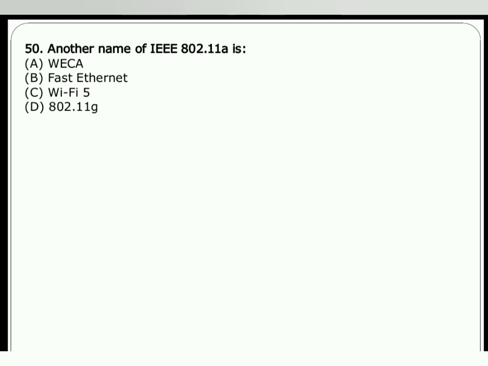They will ask what the name of IEEE 802.3 is, or, for suppose there is token ring, which version of IEEE is token ring? Like that they will ask questions. These types of questions were also repeatedly asked in the UGC NET. So the answer for this question is Wi-Fi 5. So C is the answer.